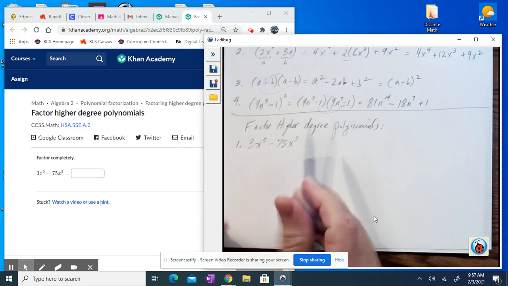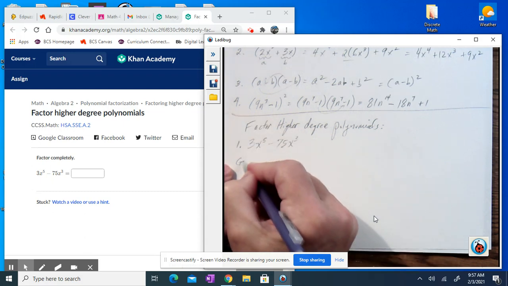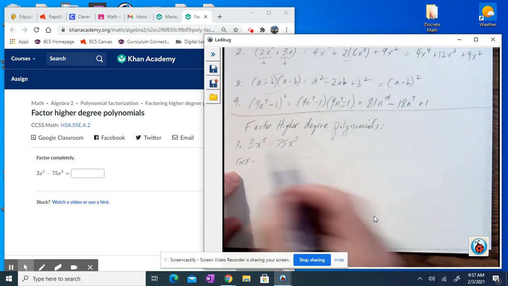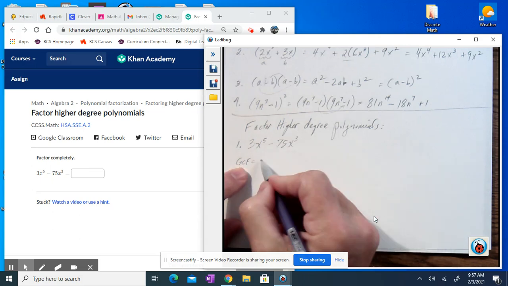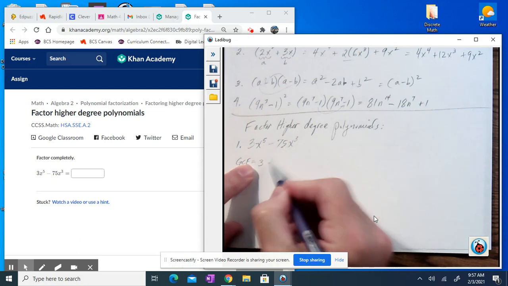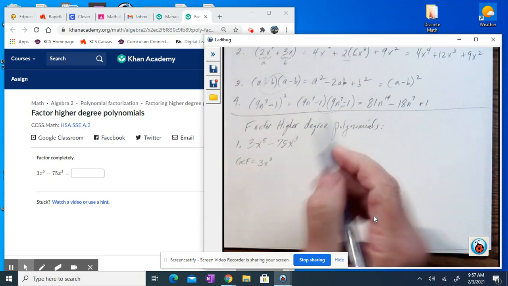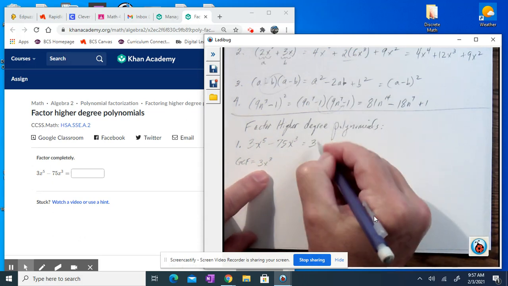And if they do, you want to factor that out as the greatest common factor. You can see here that there is a GCF, because 3 goes into both of these numbers, and x cubed goes into both of these. This has an x cubed, and this has more than x cubed. So I can factor out a 3x cubed.